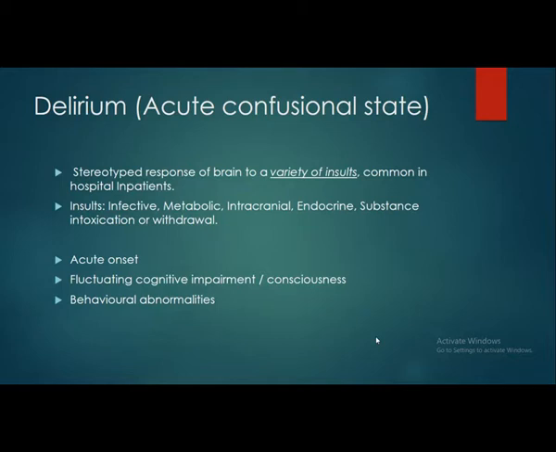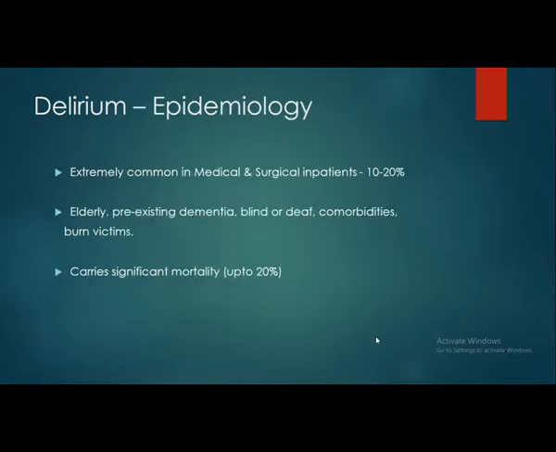And after an hour or so, or even a few hours, you will see that he's acting weird, he's not conscious, and his cognitive functions have declined. There are other behavioral abnormalities: he becomes irritable, maybe aggressive, and he tries to move here and there, wander around. So these three are also important points.